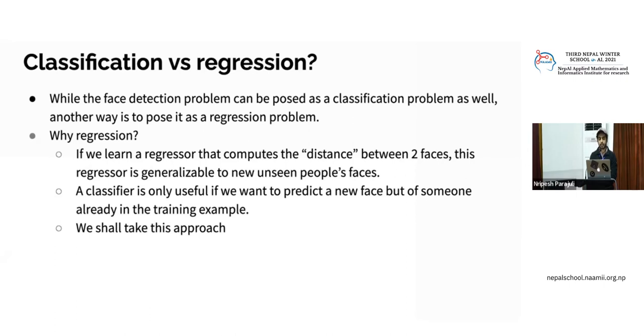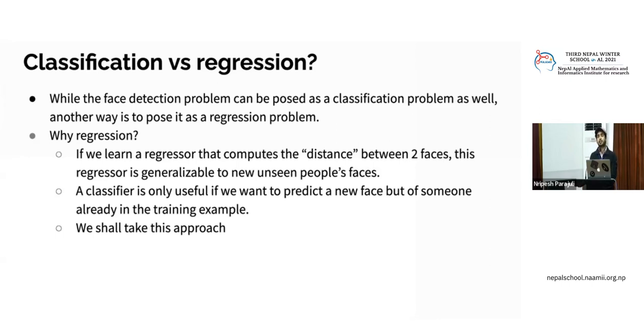Otherwise, if it's going all over the place and higher than 1, the difficulty will be, where do you draw that boundary? Right, is it 0.5, the threshold for match versus not match? But the loss is set up in such a way that you're not going to have this bad issue.